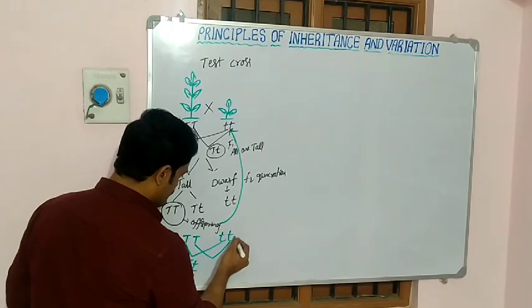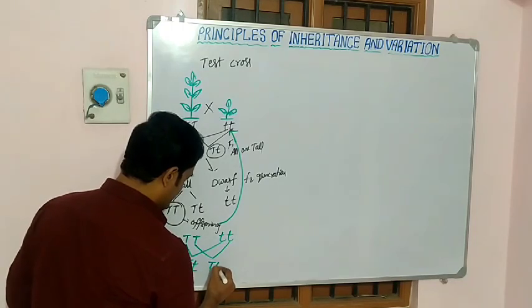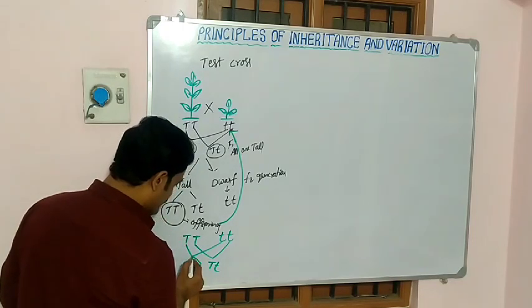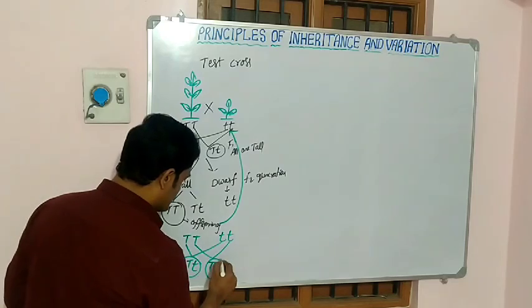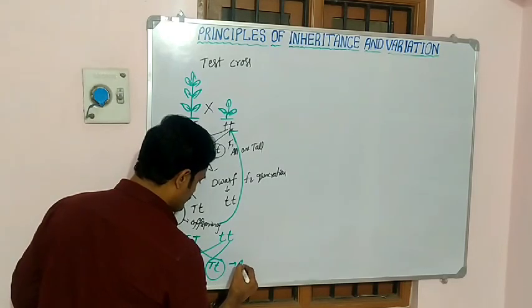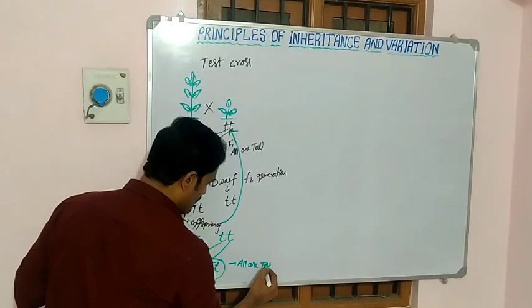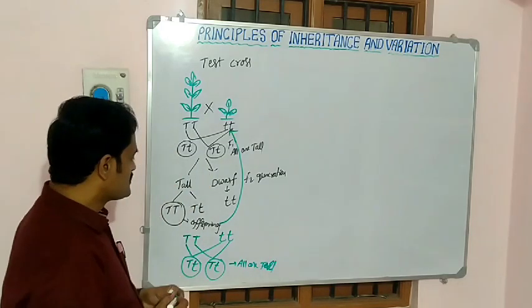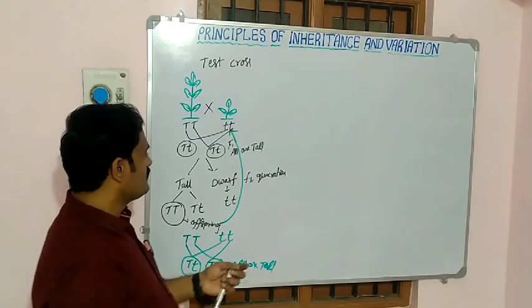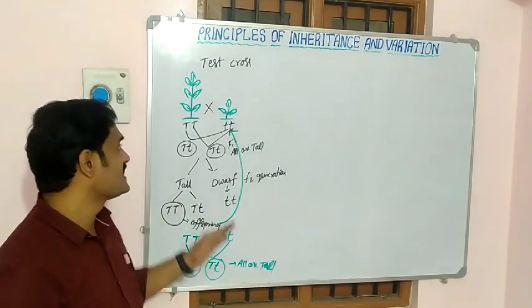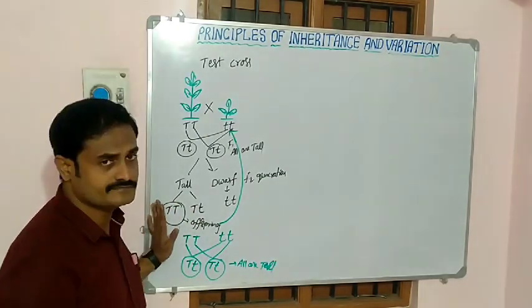Capital T is fused with small t, capital T, small t. See, here all are tall plants coming. All are tall plants. So this kind of experiment we call a test cross.